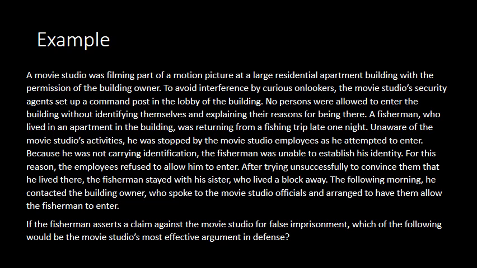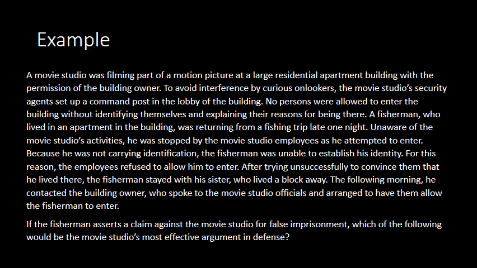So this is a good call of the question. This gives us a lot of information. First off, we know it's a false imprisonment claim. The fisherman is going to claim that he was falsely imprisoned.